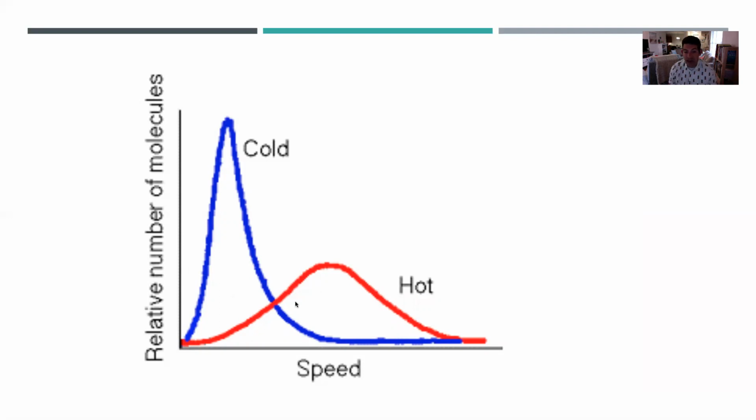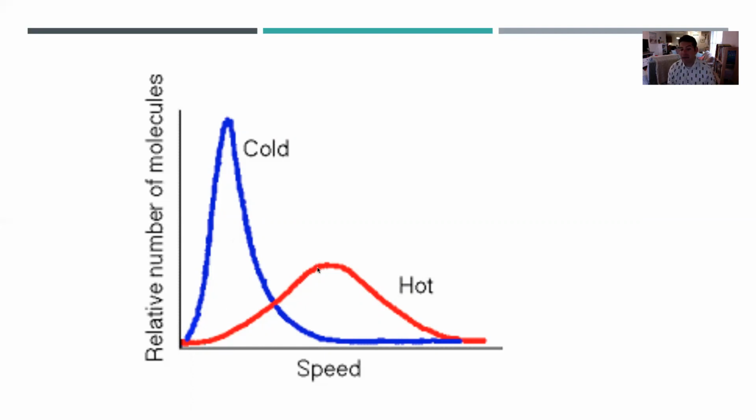And when we have a hotter gas, we get a more spread out average. So when we have a really cold gas, a lot of them have roughly the same speed. And again, we can say speed is their temperature. So for a cold gas, we get this distribution where the majority of the gas particles have the same average temperature.